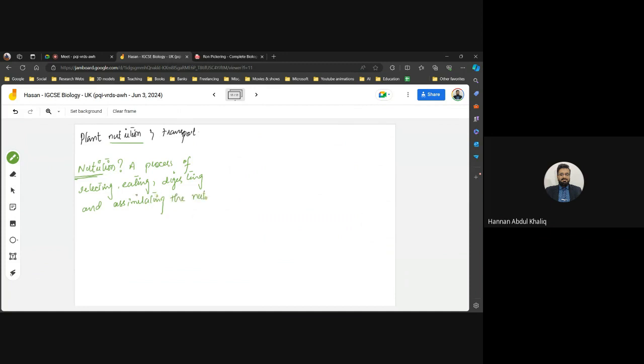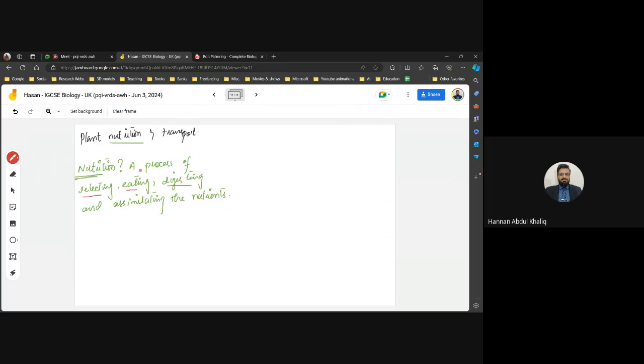Although this definition is much changed for plants, because plants don't do selection, eating, digesting. They can do the assimilation, but they don't do the first three things.